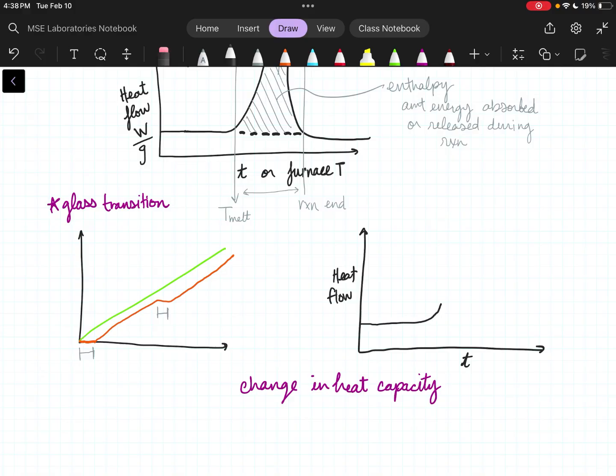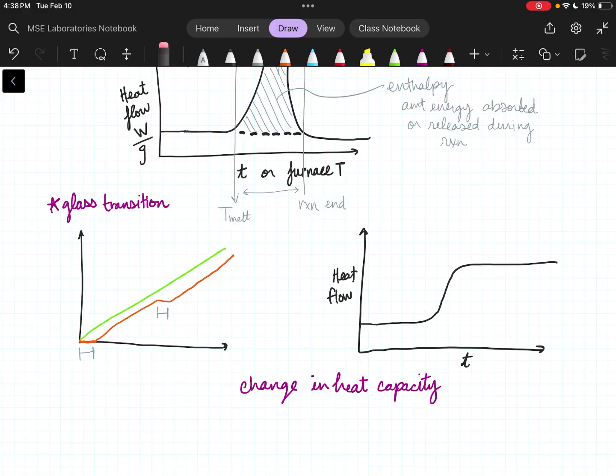And again, this totally depends on if you are endotherm up or endotherm down, but the data will look something like this. It'll be what we call an S-curve or an inflection point. And an inflection point is where we change from concave one direction to concave the other direction.